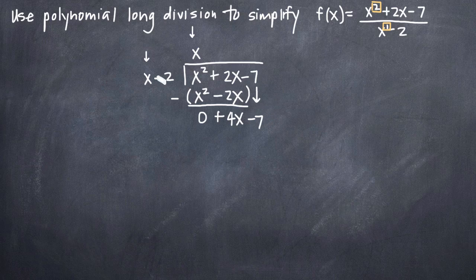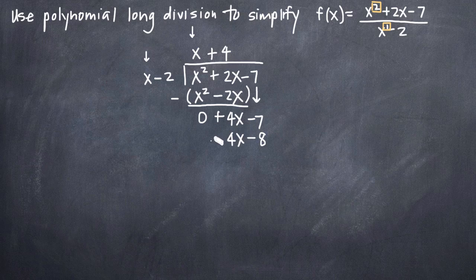Now we need to figure out what we need to multiply by x in order to get 4x. Well, if we multiply x by 4, we'll get 4x. So we go ahead and write a plus 4 here on top. Then we take 4 and we multiply it through x minus 2. So 4 times x minus 2 gives us 4x minus 8.